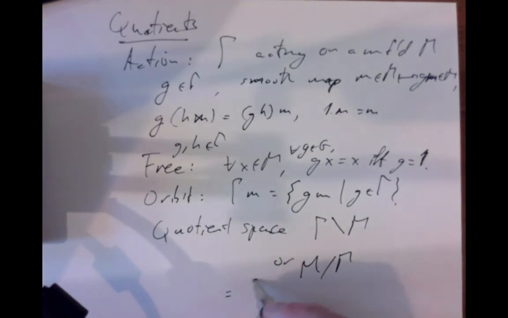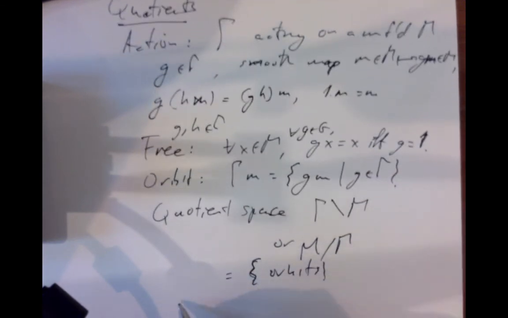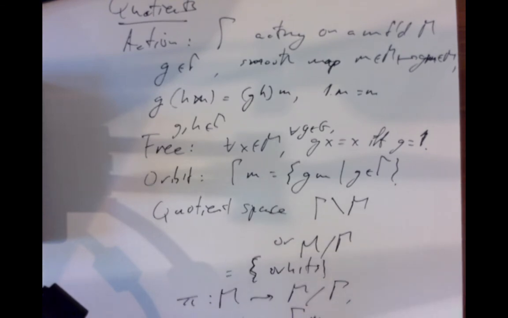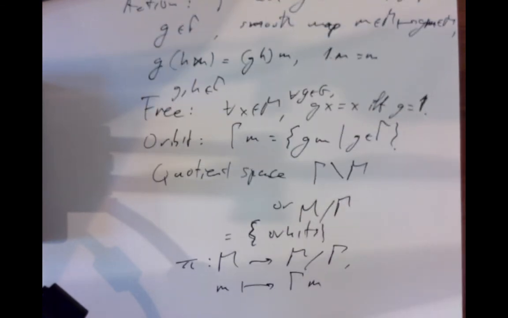It's the set of all orbits, with the quotient map, which I'll usually write as pi, which takes M to M mod gamma, given by each point goes to the orbit of that point. So that's the definition of the quotient space and the quotient map, and you give the quotient space the quotient topology with the quotient map.